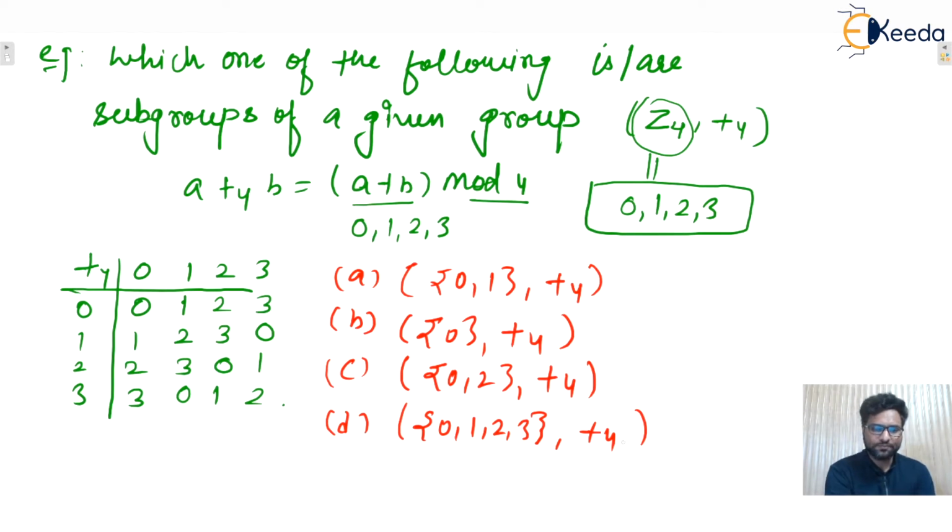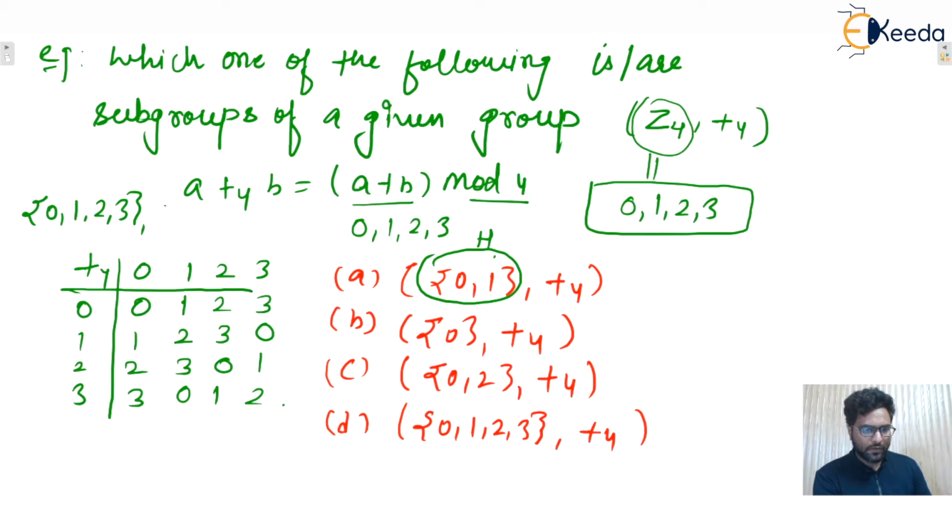That is the task. The first thing we can observe from all these options is that this is H, and G is 0, 1, 2, 3 on addition modulo 4, that is the given group.